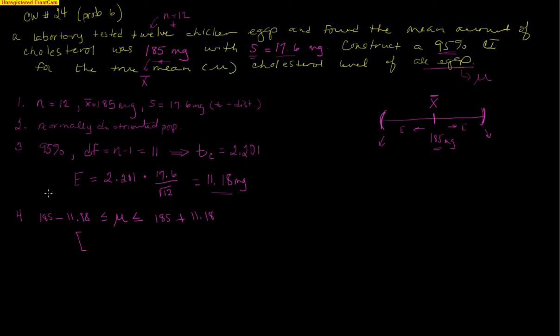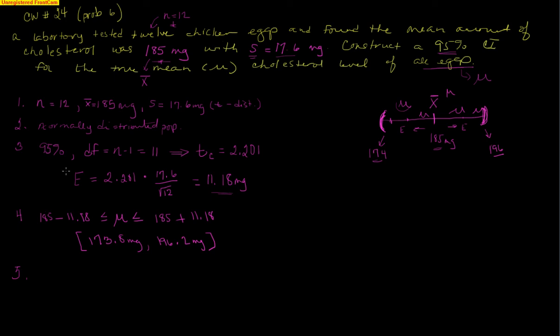On your calculator, the lower boundary is 173.8 milligrams and the upper boundary is 196.2 milligrams. So the lower boundary is about 174, the upper about 196, and the true mean is somewhere in this range. We're 95% confident that the true mean of the population is between 174 and 196 milligrams of cholesterol.